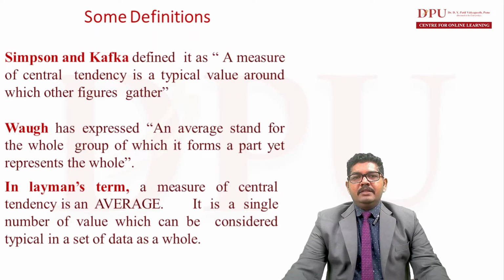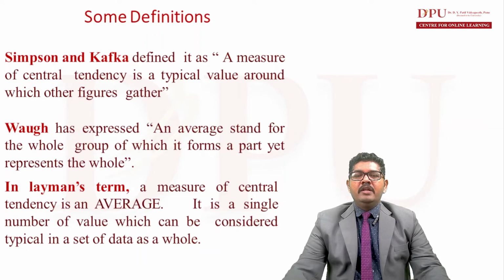Let us discuss some of the definitions of measures of central tendency. Simpson and Kafka define a measure of central tendency as a typical value around which other figures are gathered. Waugh has expressed: an average stands for the whole group of which it forms a part, yet represents the whole.